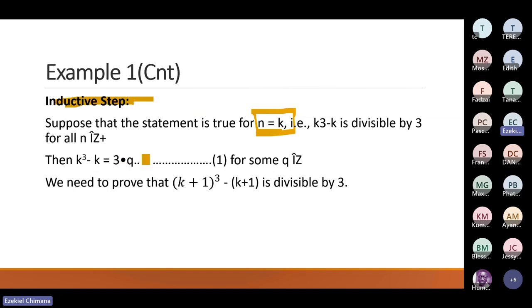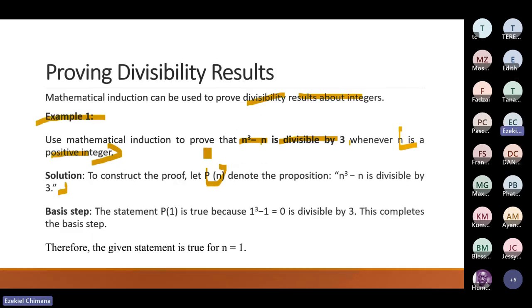The assumption that we make here is that k cubed minus k is equal to 3 times q, for some integer q. So we are putting k in this item, and we have k cubed minus k, and we are saying that thing is always divisible by 3.